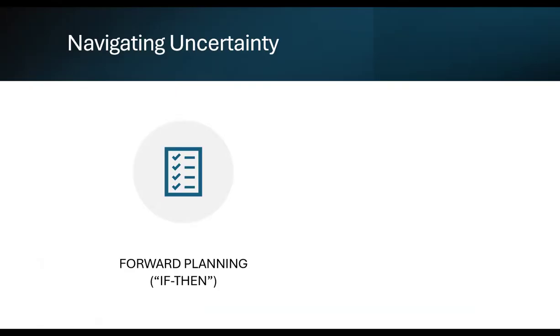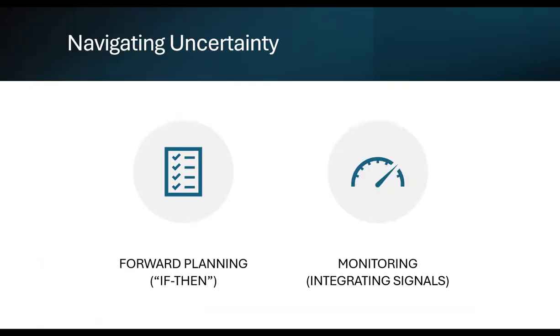The second thing we often do is to utilize monitoring. And this means integrating signals from a variety of sources, whether they're vitals, labs, the patient's reported history, our own internal sense of concern, or cues that we're receiving from other people, such as the bedside nurse or the respiratory therapist. We integrate all of these things into our decision making to tell us whether we're on or off track.